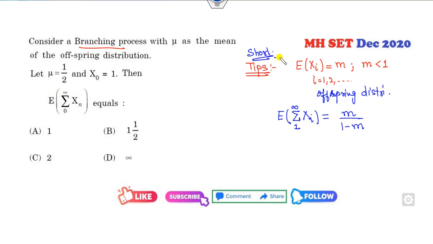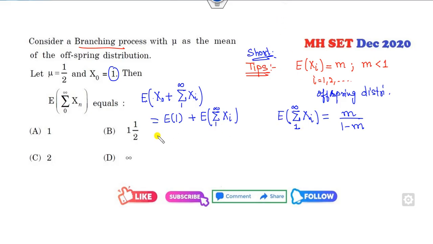Now look at this statement. This starts from 0, but we need 1, so I can write this as X0 plus the summation from 1 to infinity of Xi. Now if I open them, E of X0 is 1, so it will be E of 1 plus E of this part, the summation starting from 1 to infinity.